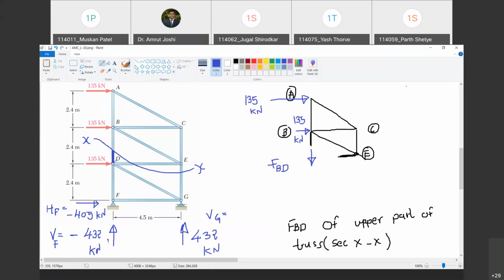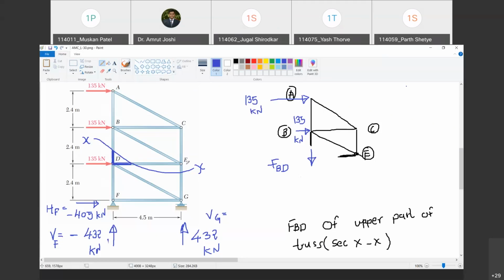Similarly, now look, this left hand side part of member DE, is it external to the right hand side part of member DE? Yes, sir. Why? Because the section passes through member DE and we have to draw the free body diagram of only the upper part of section XX. So the upper part of section XX involves the right hand side part of member DE. Do you agree with me? Yes, sir. So the left hand side part of member DE is external.